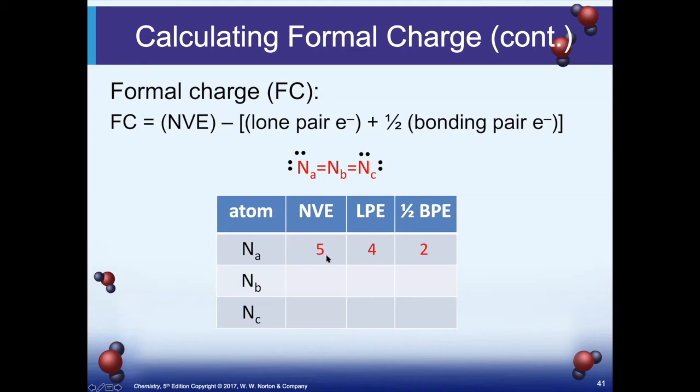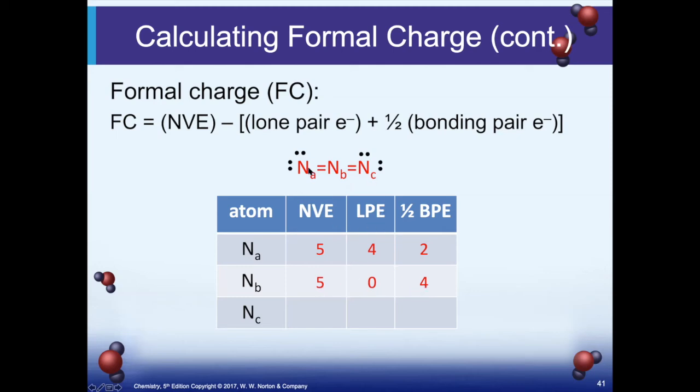Now let's do the same thing for B and C, and then over here we'll throw another column up on the screen that calculates the formal charge by using this equation for each one of those nitrogens. So for nitrogen B, we still have 5 valence electrons. I don't have any lone pair electrons on B, and I have 4 bonds: 1, 2, 3, 4. So 5, 0, 4.